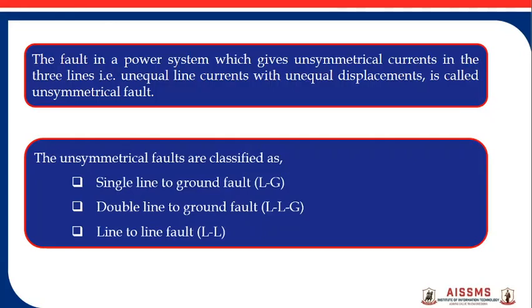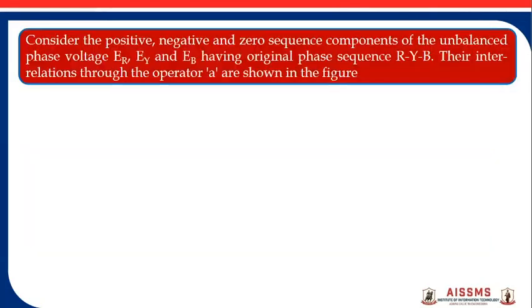Now let us see how the symmetrical components are expressed in terms of phase quantities. We are considering the positive sequence, negative sequence, and zero sequence components of unbalanced phase voltages.